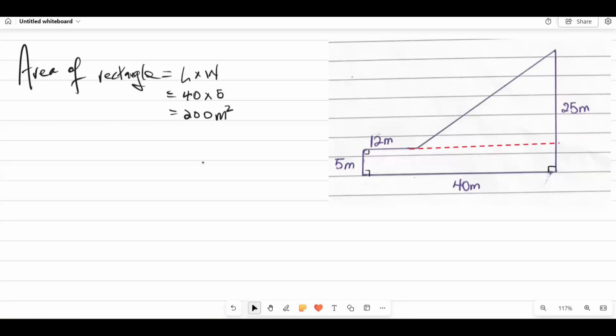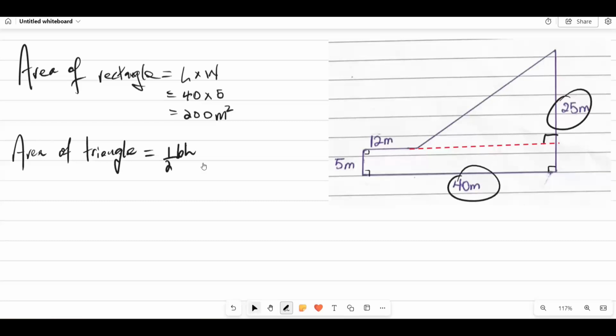With the triangle, the area of the triangle can be found by using this formula, half times base times height. So we're looking at 25 is not the height of the triangle, 40 is not the base. So we're going to have to put the numbers in the right order.